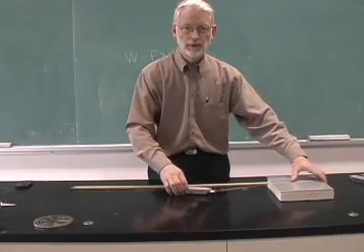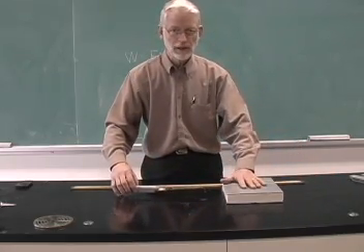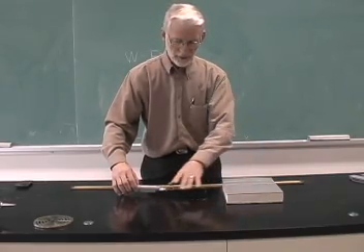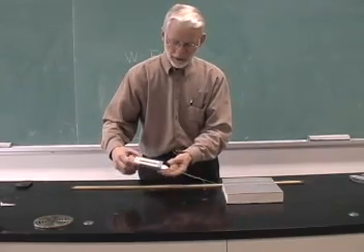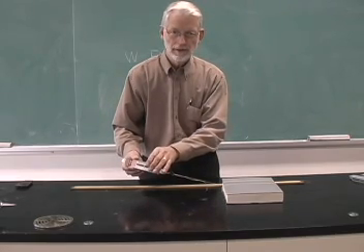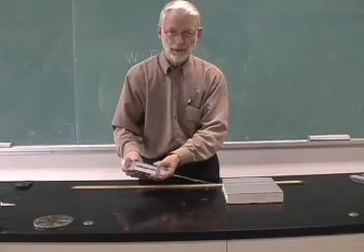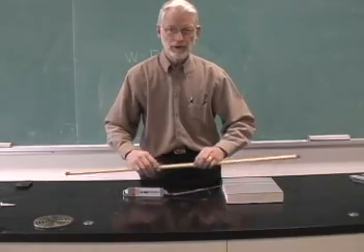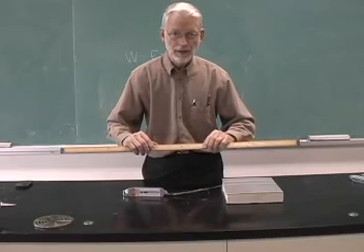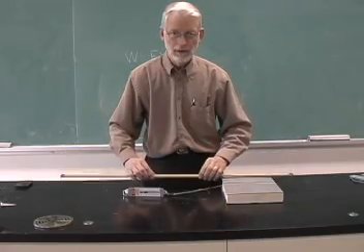To calculate the amount of work I do in sliding an object such as a book across the countertop, I need to measure the force that I use to slide it, and I can do that with my spring scale, and I need to measure the distance that I slide the book along the table.